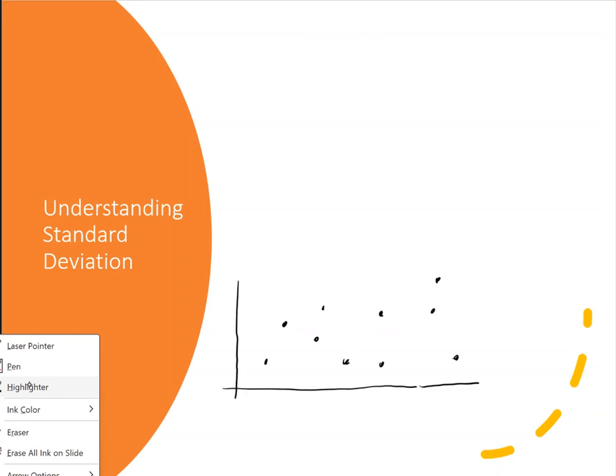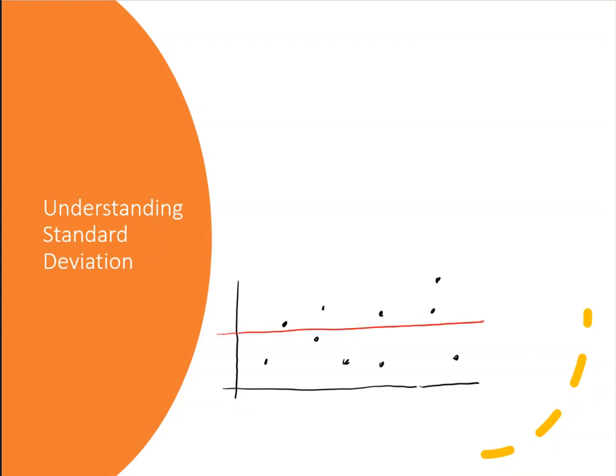We learned in the previous section that the average of all of my data is considered the mean. And so here I'm going to draw a line, and I'm going to let that line represent the mean, which we said was either x bar or mu. So I have a single value here that's the mean, the average of all of these data points that you see on the screen.